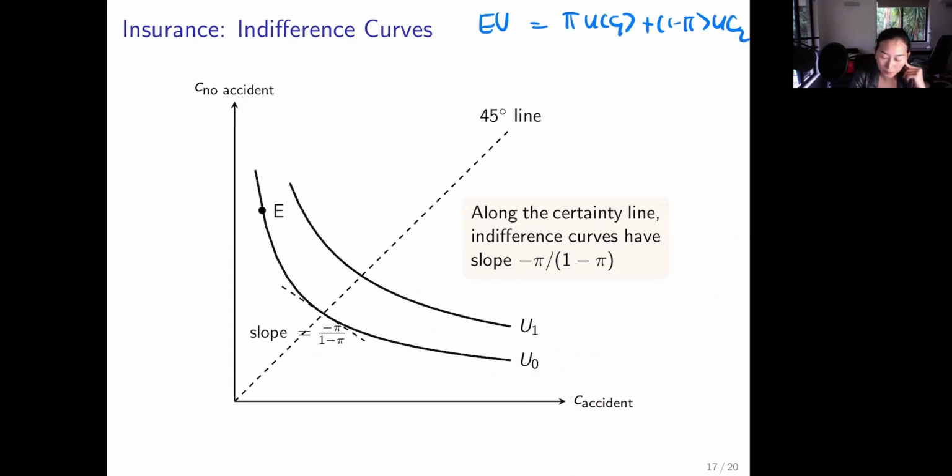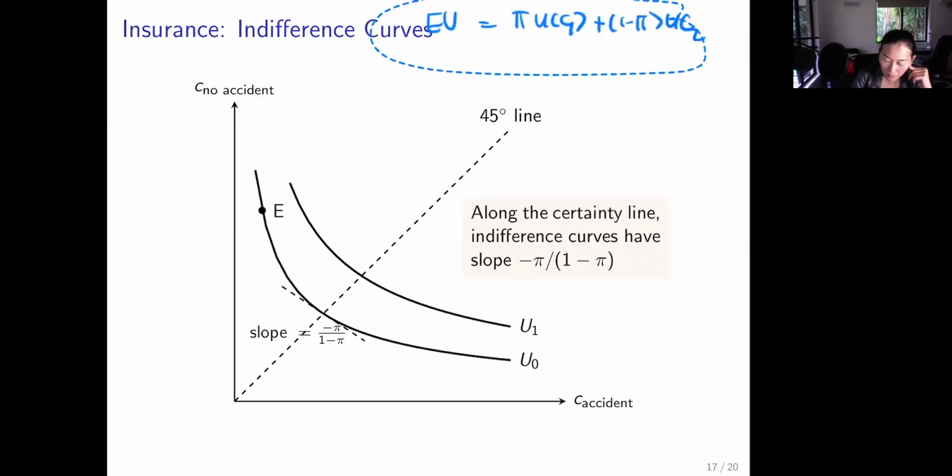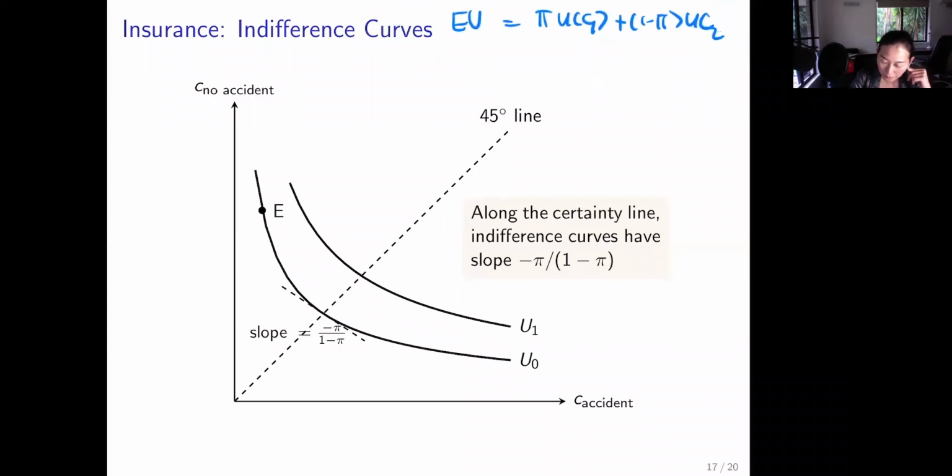Okay. Let me move here a little bit. All right. So this indifference curve is derived based on this. It takes this shape because if we assume that the utility function is concave, it's going to look something like this.